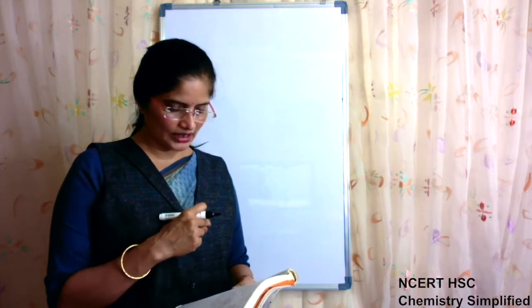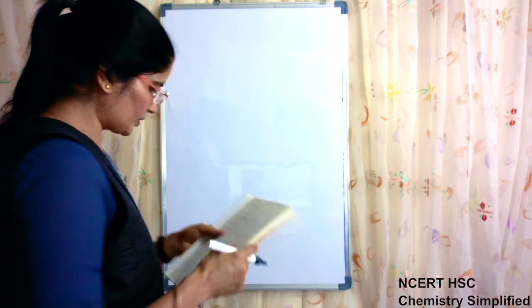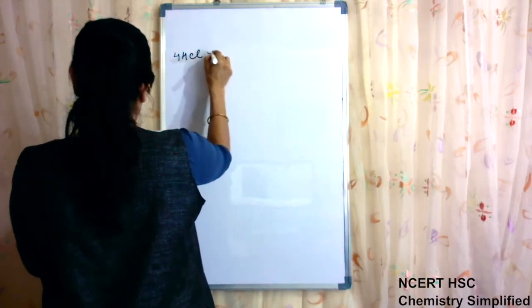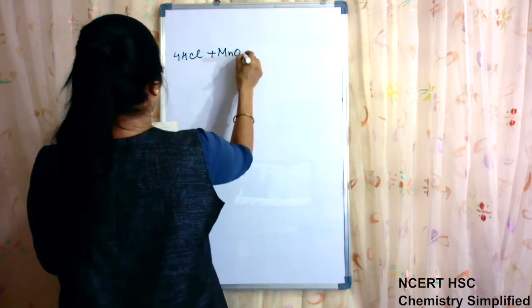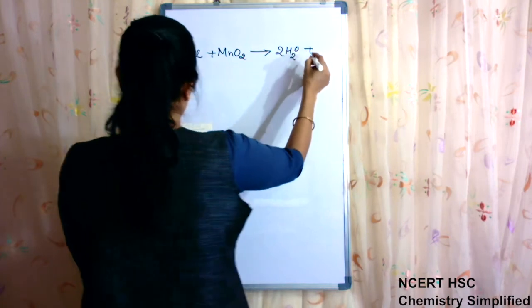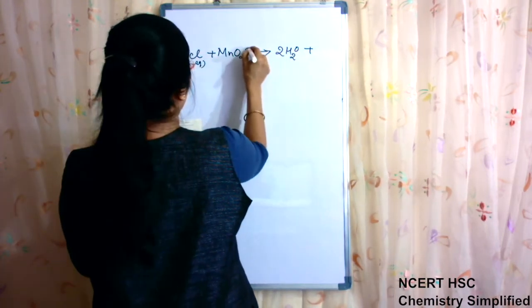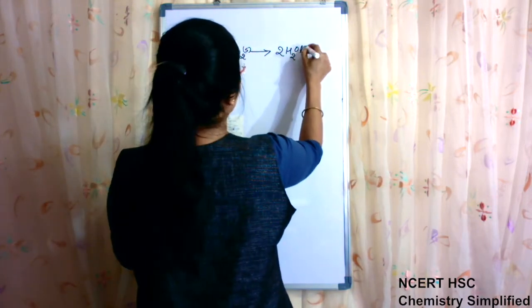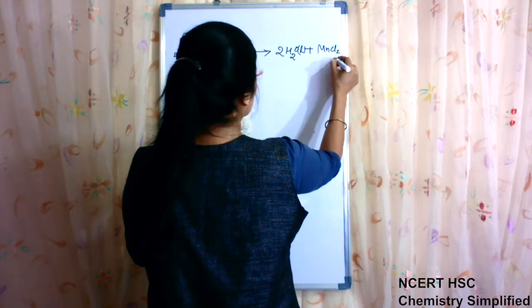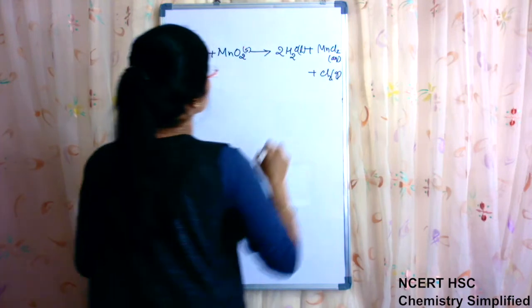So I am writing the reaction: 4HCl (aqueous) plus MnO2 (solid) gives 2H2O (liquid) plus MnCl2 (aqueous) plus Cl2 gas. This is the complete equation.